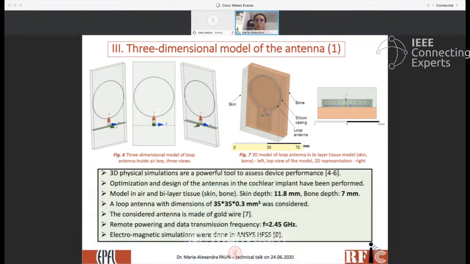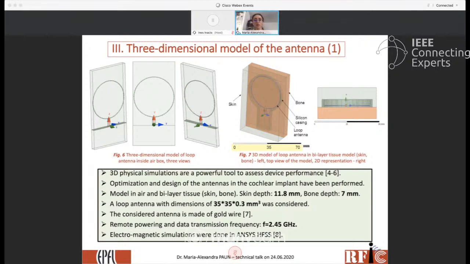So you have cubic dimensions here. Obviously, it is worth pointing out that we had looked into the proper data transmission frequency, which is approximately 2.45 gigahertz. You are probably familiar with this frequency because this is part of the ISM band, which is used for medical applications.